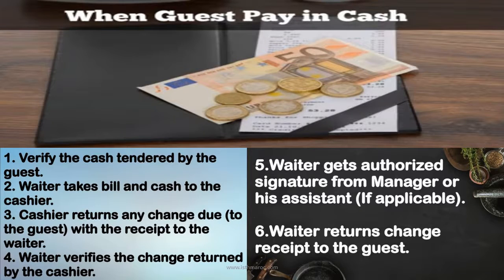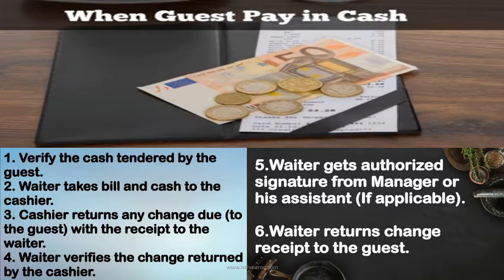When the guest pays in cash. Step number one, verify the cash tendered by the guest. Two, the waiter takes the bill and cash to the cashier. Three, the cashier returns any change due to the guest with the receipt to the waiter. Four, the waiter verifies the change returned by the cashier.